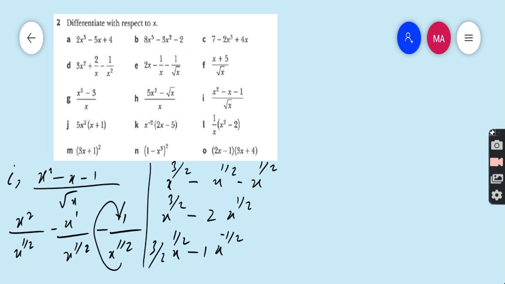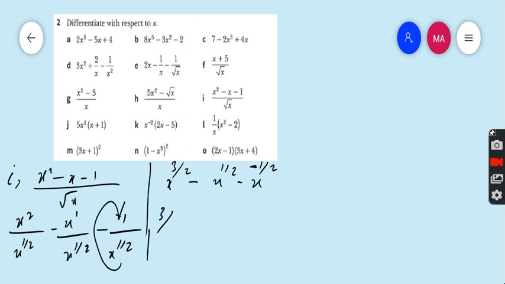Oh, sorry, the mistake is this is minus 1 upon 2, because when this power moves to the numerator, this becomes minus 1 upon 2. So this is a small mistake, but a mistake is always a mistake.